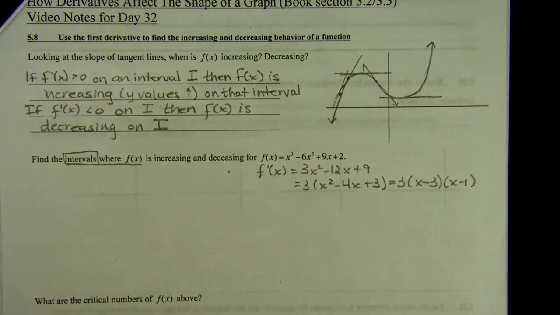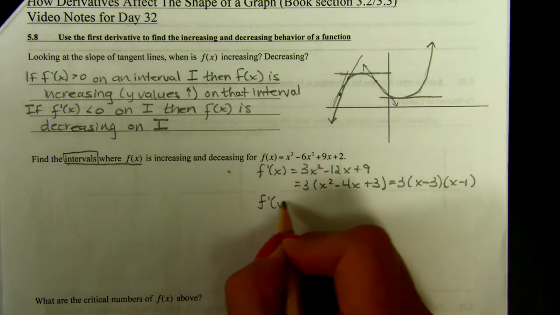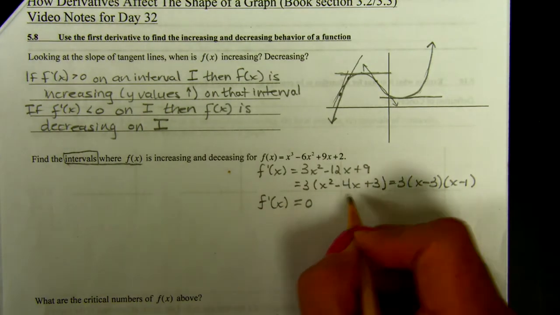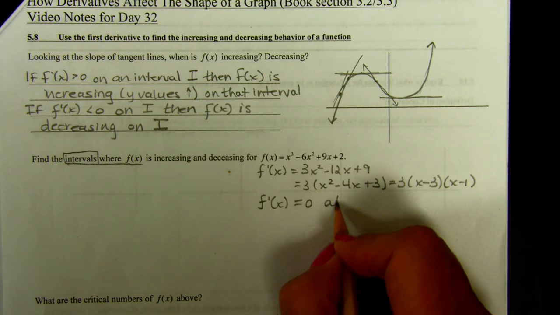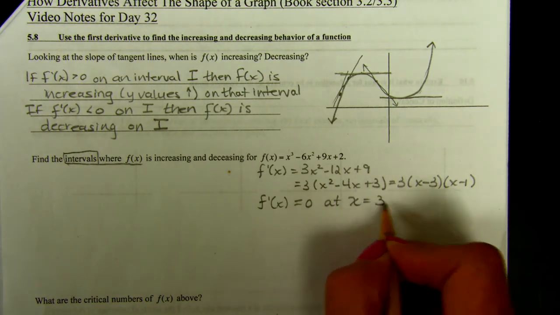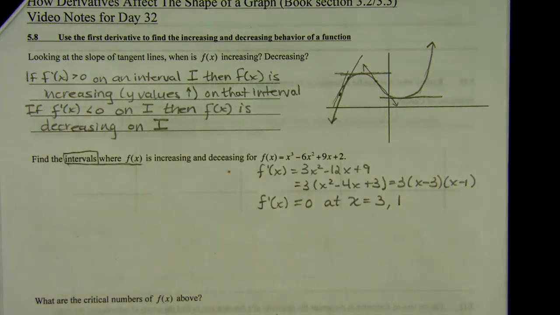Okay, and so therefore we know that the derivative equals 0 at x equals 3 and 1. So that tells us where the low points and the high points of this might be, and therefore where that might be changing its derivatives.